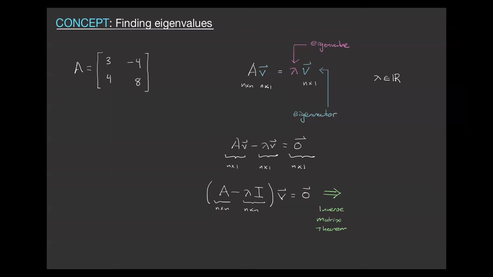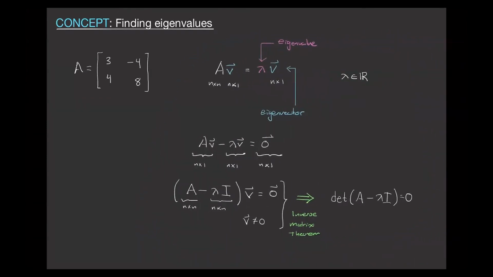And I should say one more thing: this together with the fact that we take v to not be equal to 0, both of these together are equivalent to saying the determinant of this A minus lambda I is equal to 0.